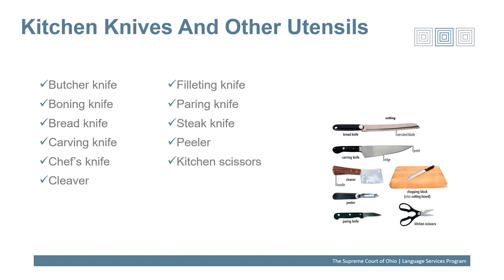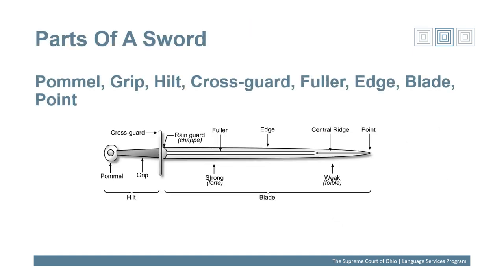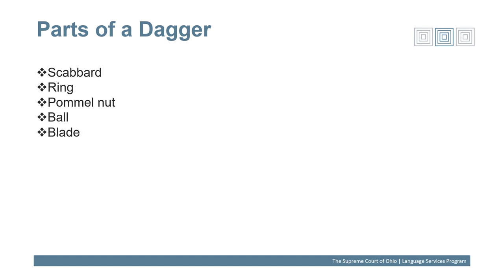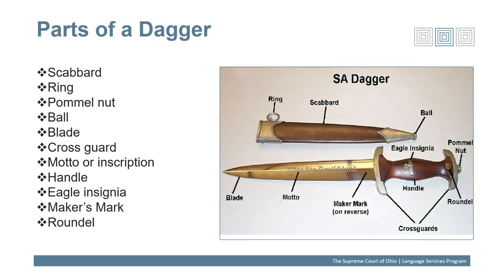Interpreters might also encounter a case where a sword was used as the weapon. So here are the parts of a sword: pommel, grip, hilt, crossguard, fuller, edge, blade, point. The parts of a dagger might also come up during a case. These are the scabbard, ring, pommel nut, ball, blade, crossguard.